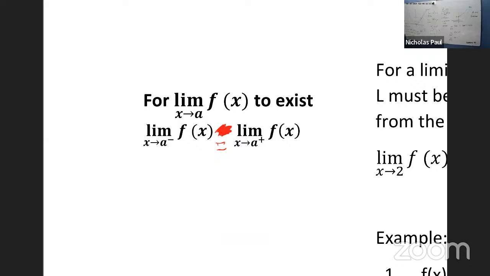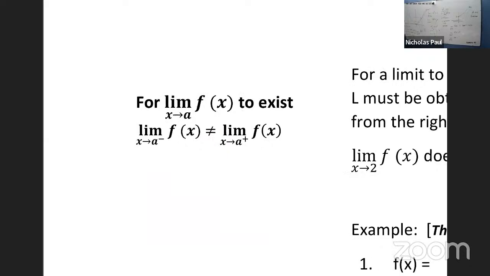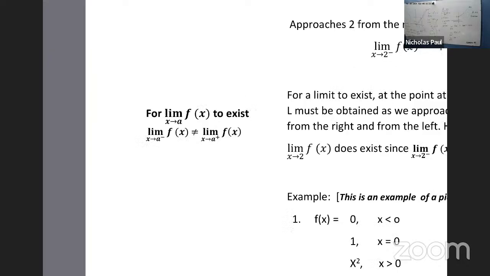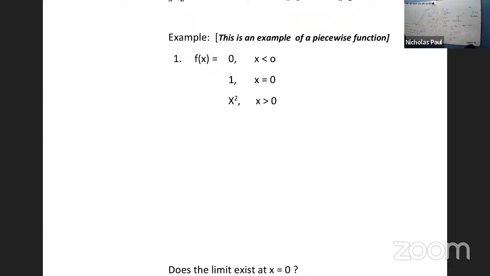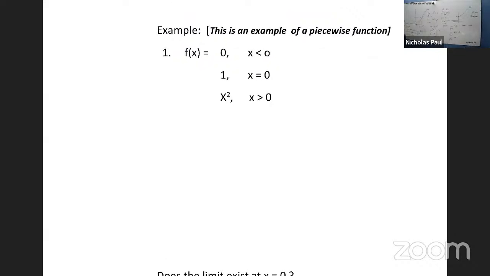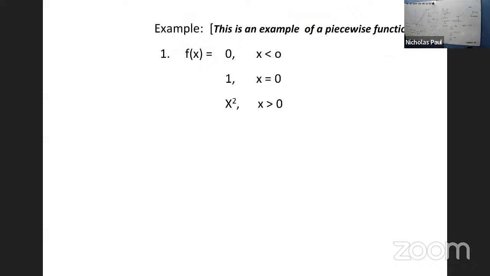All right, nice. We have some quick little questions. There is a function here that I really need to draw. Not sure if I ever showed you how to do this, but it's called a piecewise function. The function is split up into 3 parts.